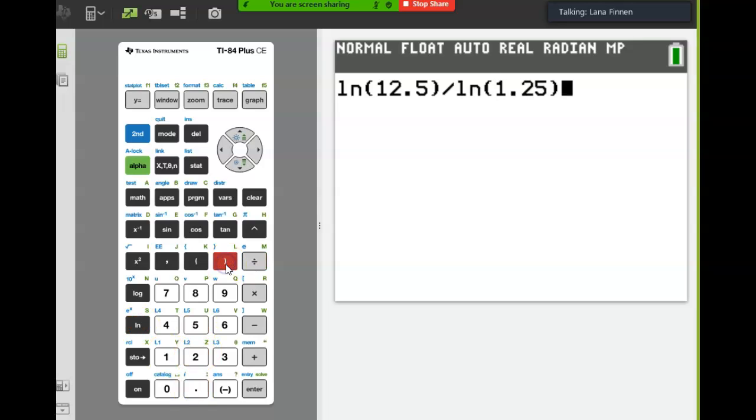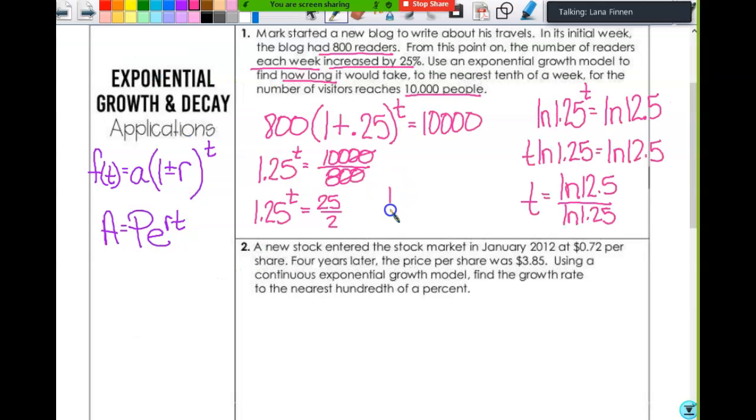The nice thing about the other ones that we were using is that it actually makes it look like a fraction, and you can see that stuff nicely, but whatever. And this is my answer. It says to the nearest tenth of a week, so my answer is t equals 11.3 weeks.